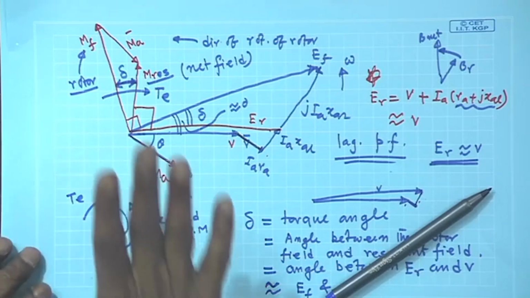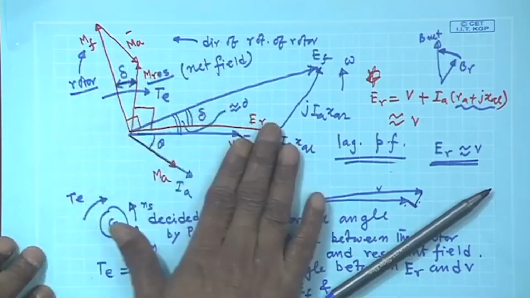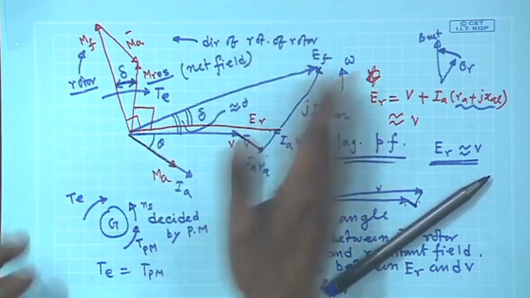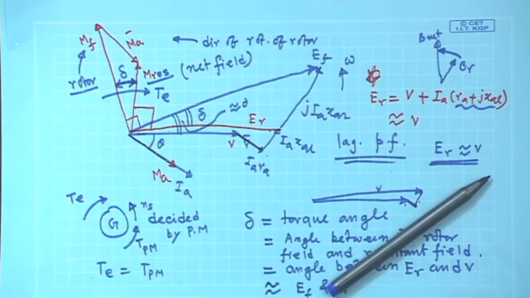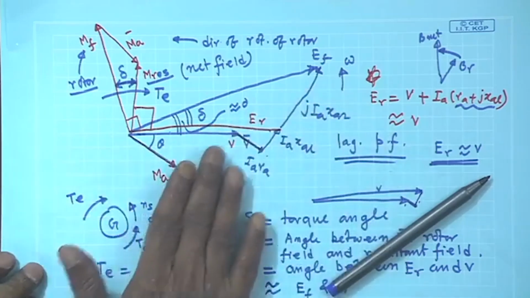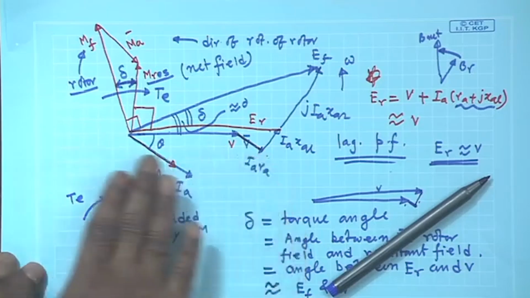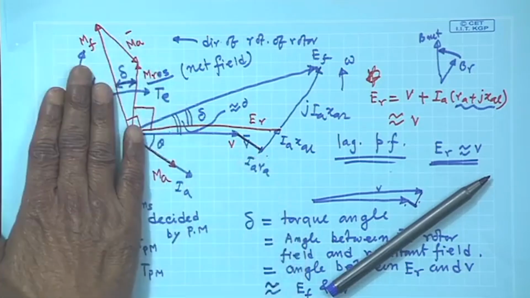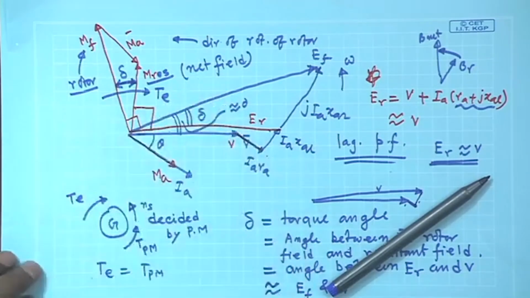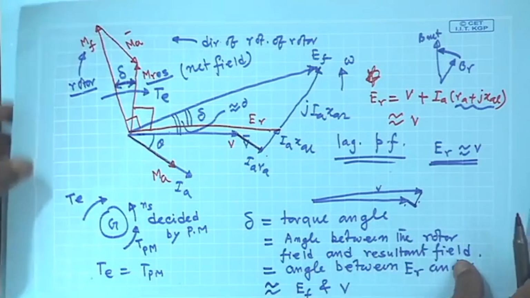Therefore, they can be nicely put on the same phasor diagram, because all phasors are moving at synchronous speed. That is another good thing. That is why I could represent all the electrical quantities as well as the space vector quantities on the same phasor diagram. This you just remember.